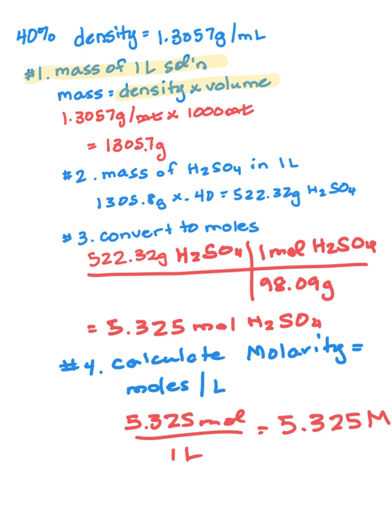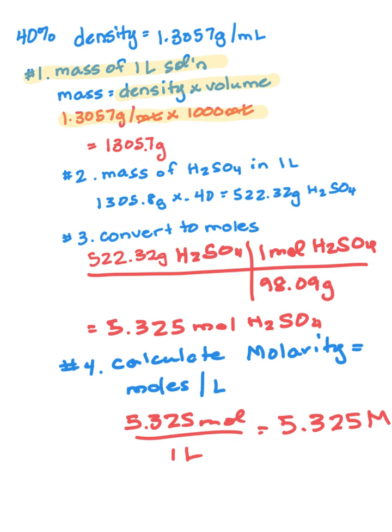And we're just going to assume we have 1,000 milliliters, because 1 liter is what I need for my molarity. So here's my density times the volume of 1,000 milliliters, and I've got 1,305.7 grams of grand total solution.